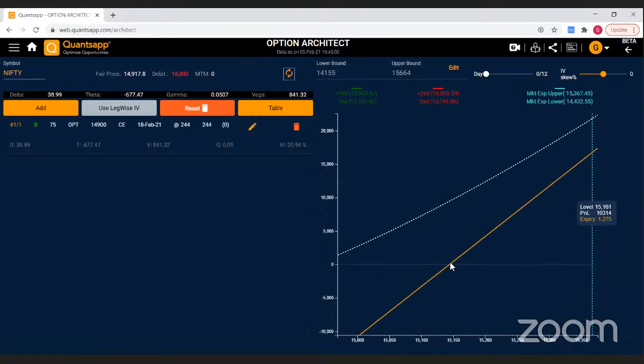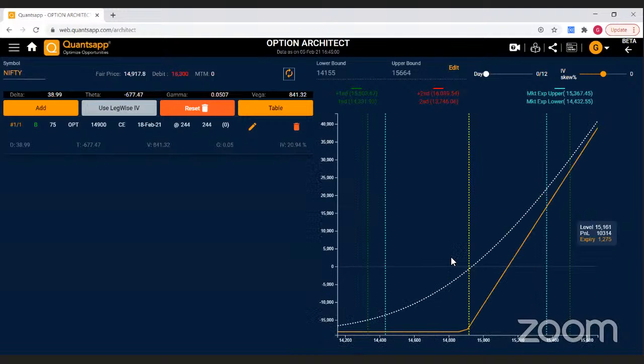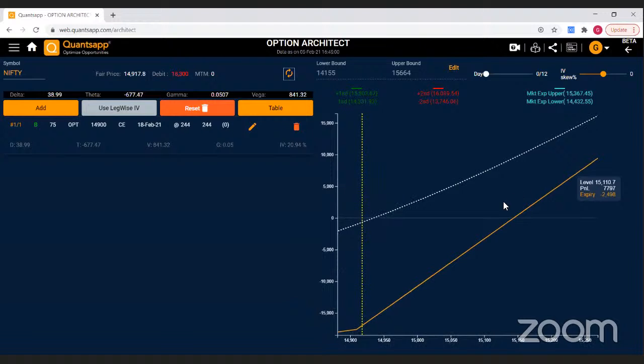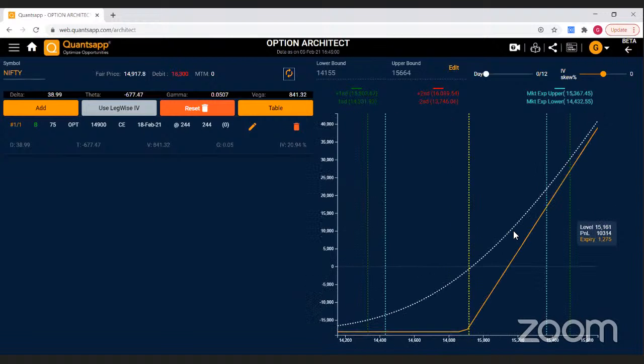The break even point is the point where I will be making no profit or no loss. If the underlying price won't go up or fall from that particular point, I will be in the position of no profit, no loss. So this is how I can see the break even point for the expiry.